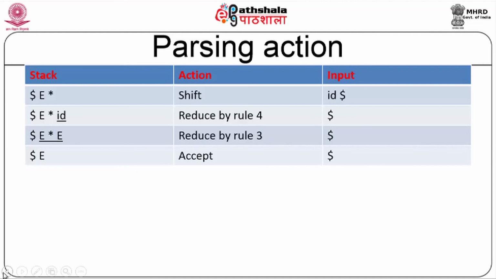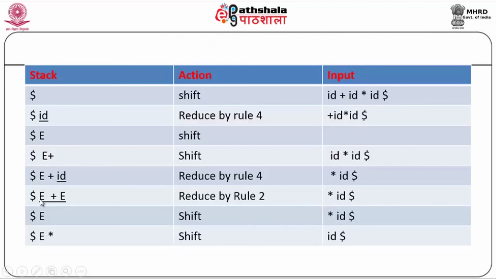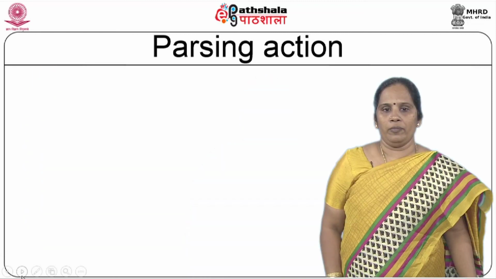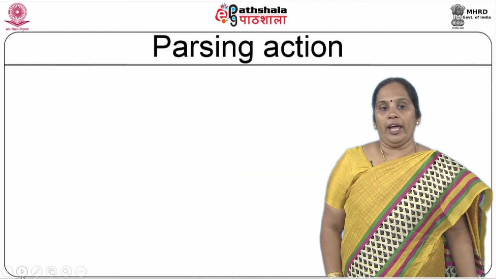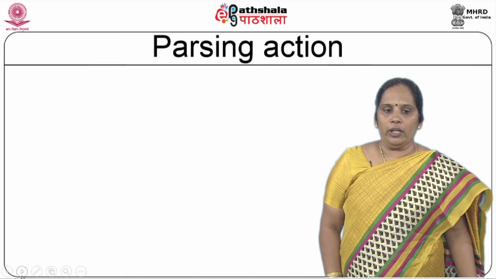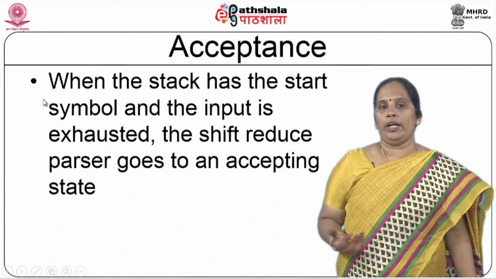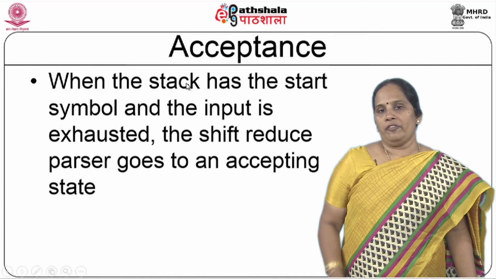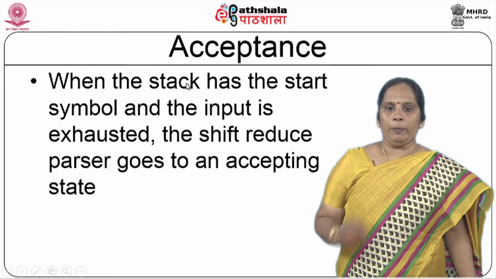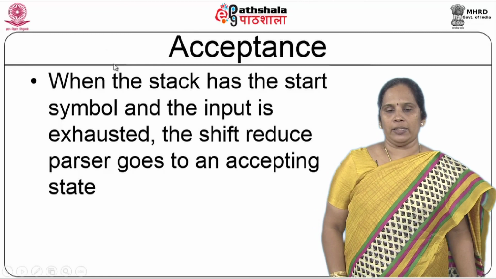Now, the problem here is, in this particular situation, will I have to reduce this E plus E to E, or can I continue shifting? This is called a shift reduce conflict: at one point in time you could shift as well as reduce. That is the typical characteristic of a shift reduce parser.